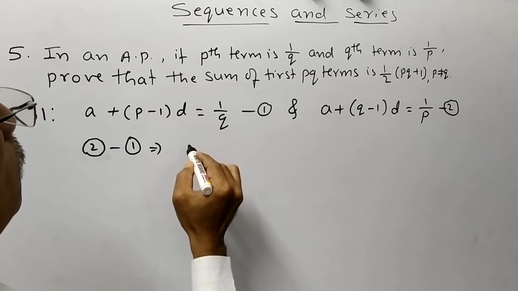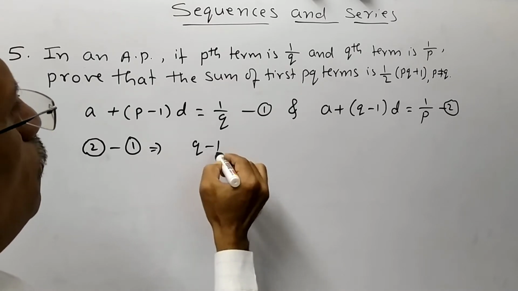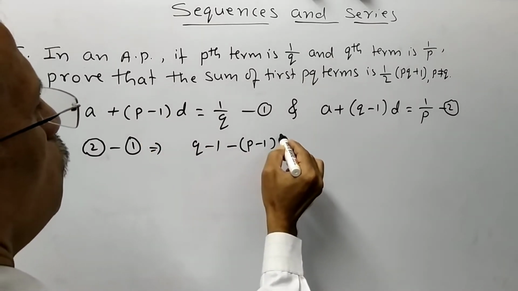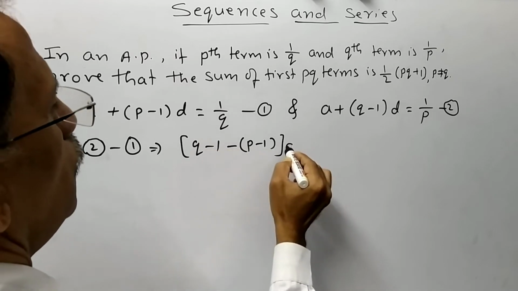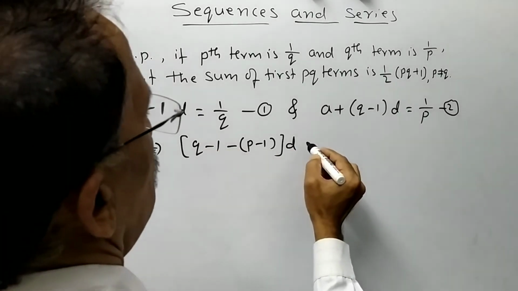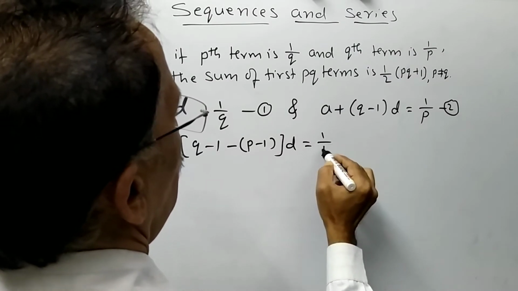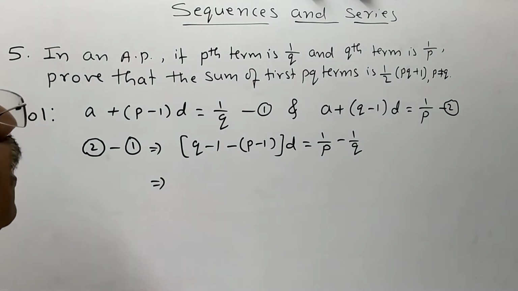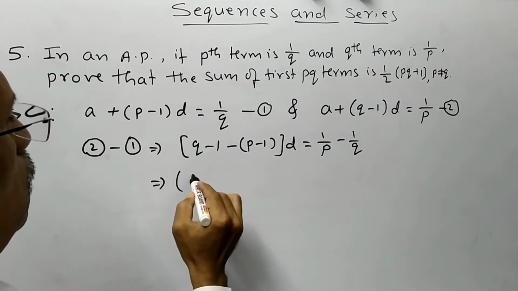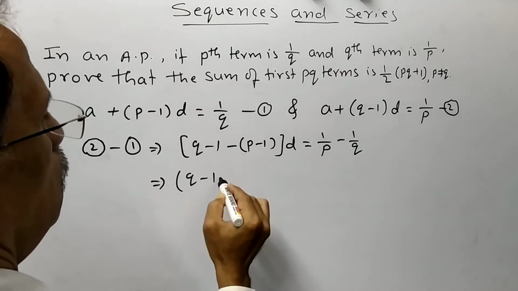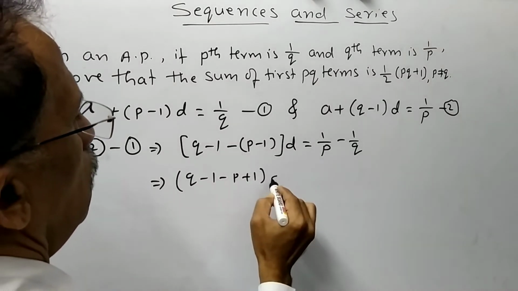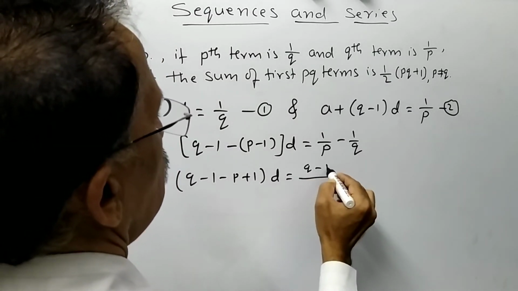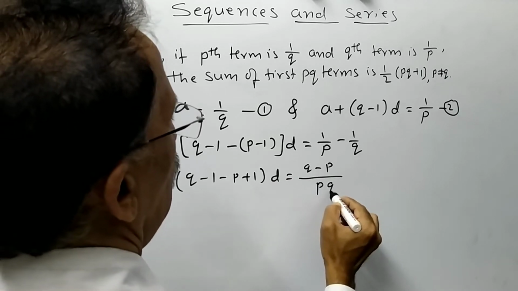So then you will get q minus 1 minus in bracket p minus 1 into, we can take d common, is equal to 1 by p minus 1 by q, implies q minus 1 minus p plus 1 into d is equal to q minus p divided by pq after taking LCM.